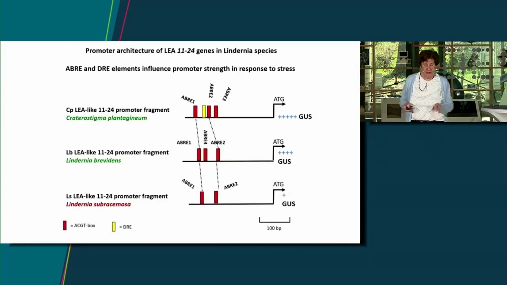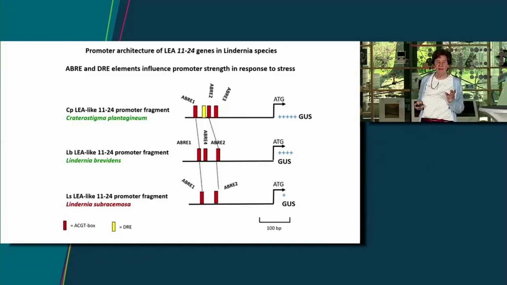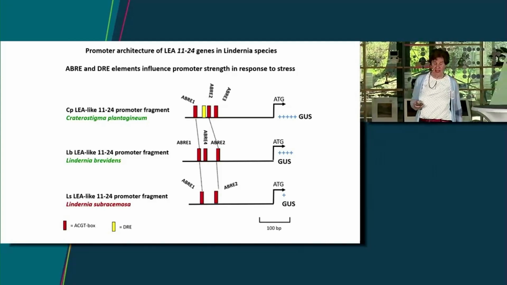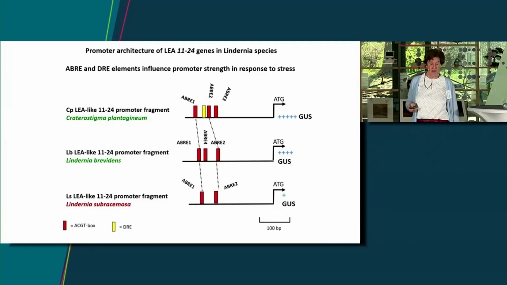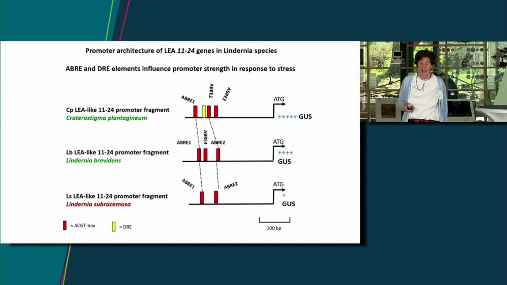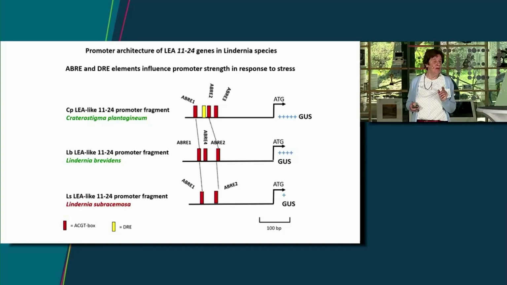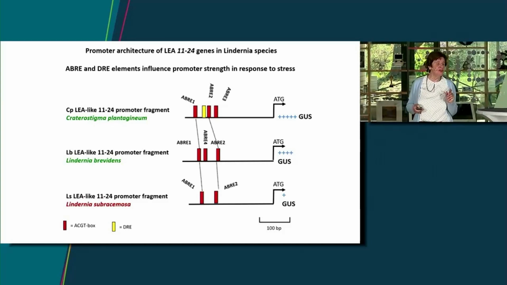And here you see a cartoon. Again, we take the same gene, the homologous gene, let's say, from the three species which we compare, Craterostigma, Lindernia brevidens, and Lindernia supracemosa. And if you just look to the right, you can see the red and the yellow motifs. These are very short nucleotide regions.